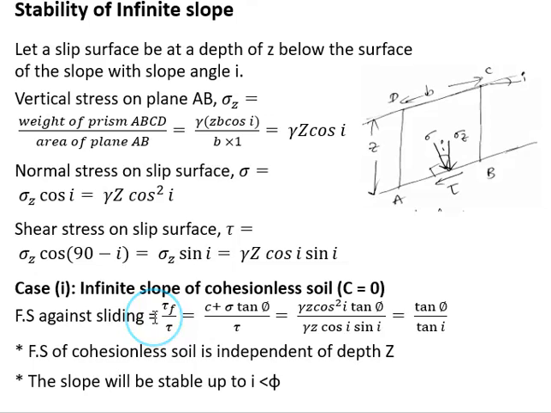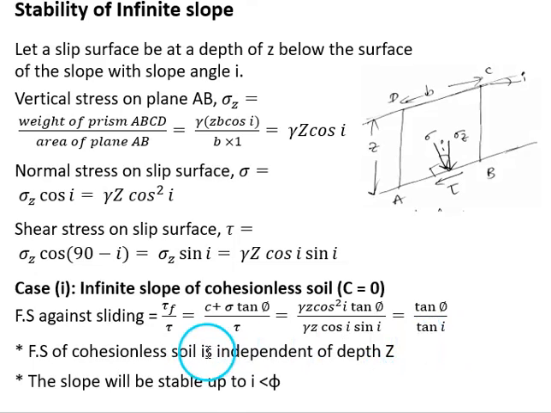If the infinite slope is made up of cohesionless soil, then the factor of safety with respect to friction equals tan phi by tan i.